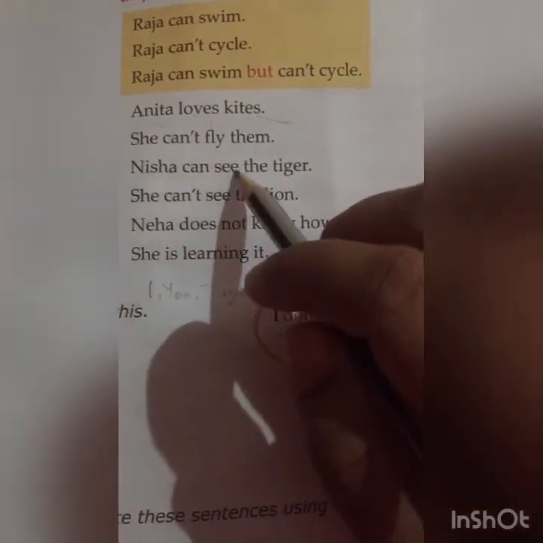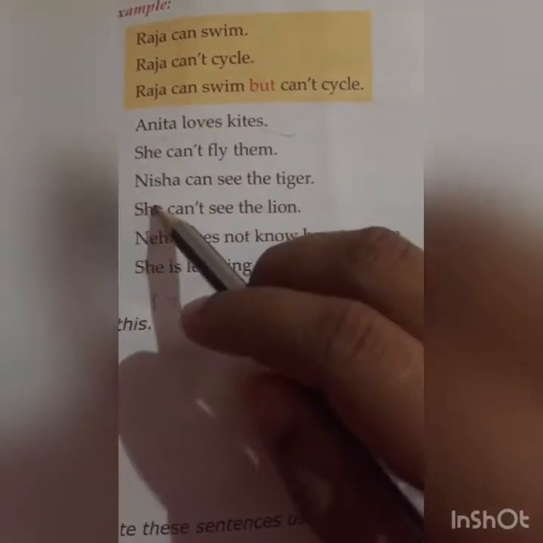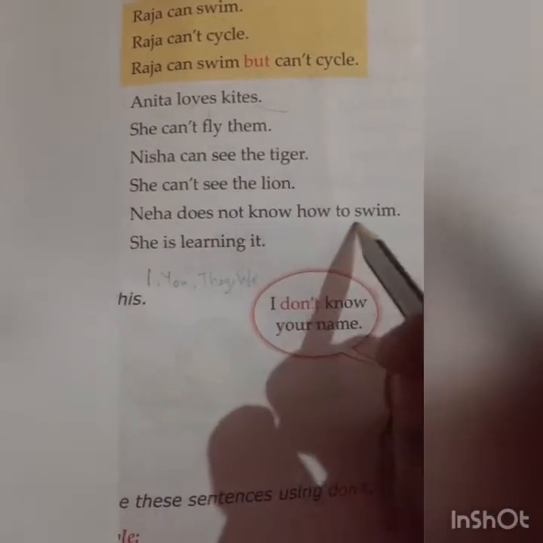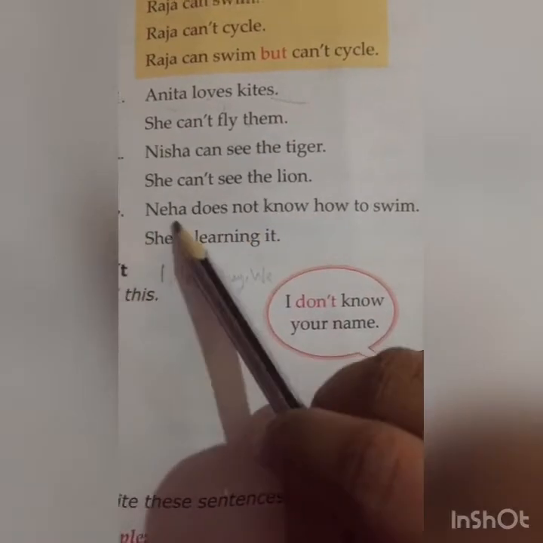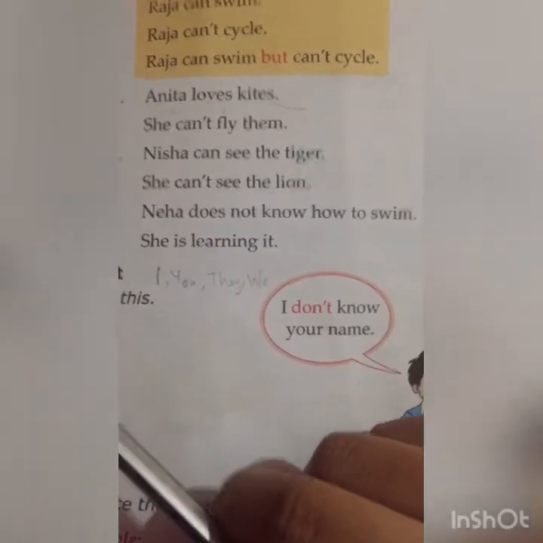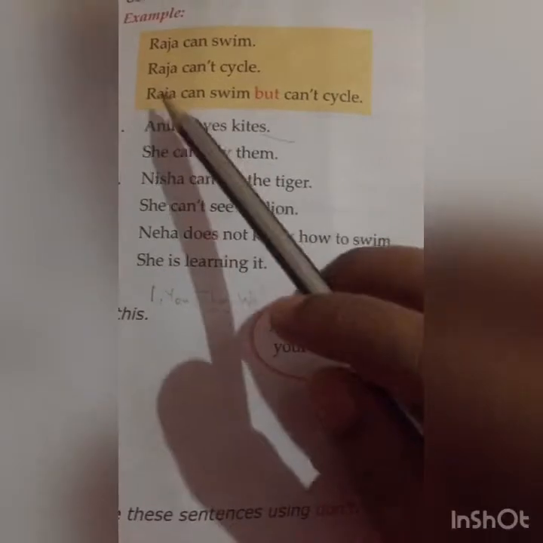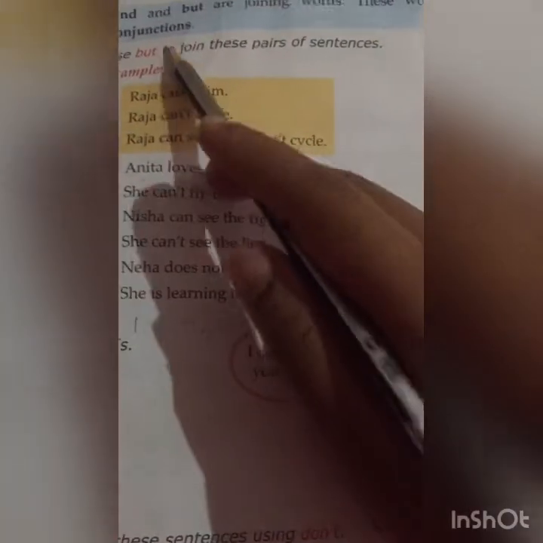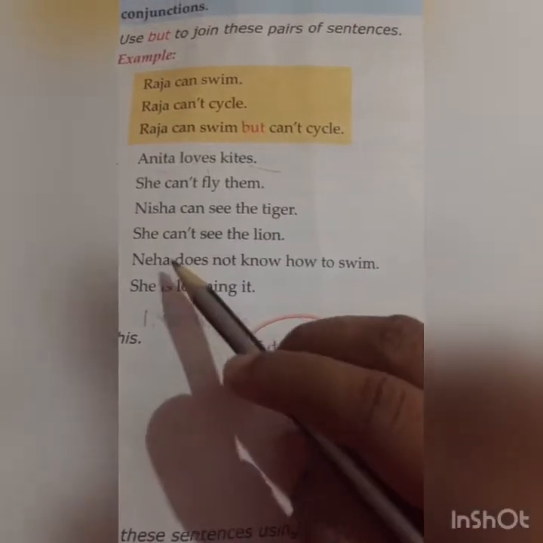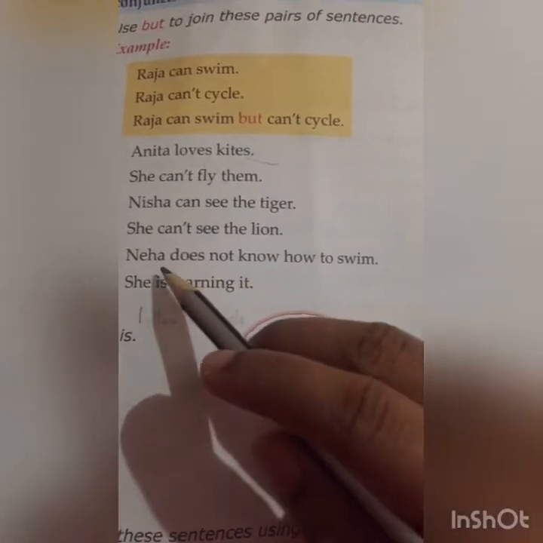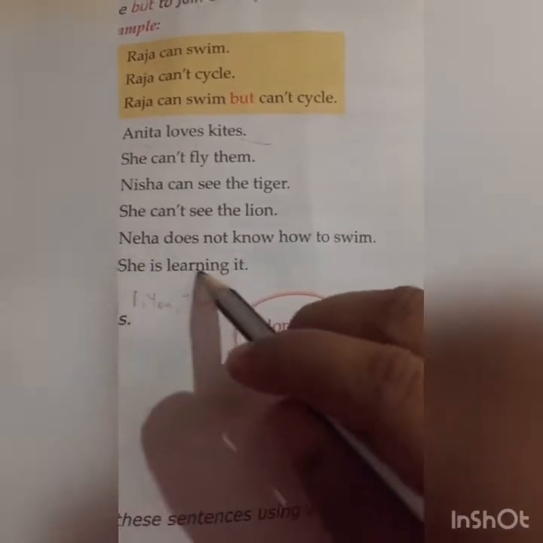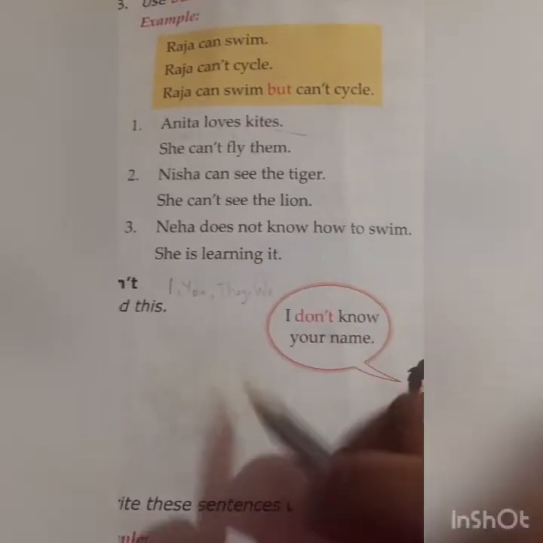Nisha can see the tiger but can't see the lion. Next one. Neha does not know how to swim. She is learning it. You have to join these two sentences with but. Neha does not know how to swim, but she is learning it.